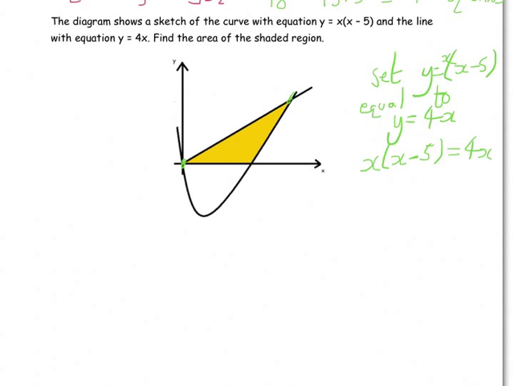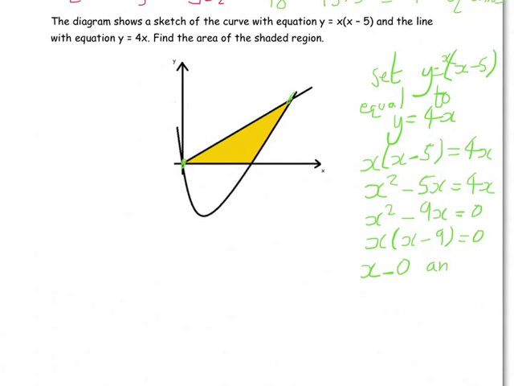Now we need to expand the left hand side to get x squared minus 5x equals 4x, and if we collect all the terms on the left hand side we get x squared minus 9x equals 0, and we can factorise this to x and (x minus 9). So our two solutions are x equals 0 and x equals 9.